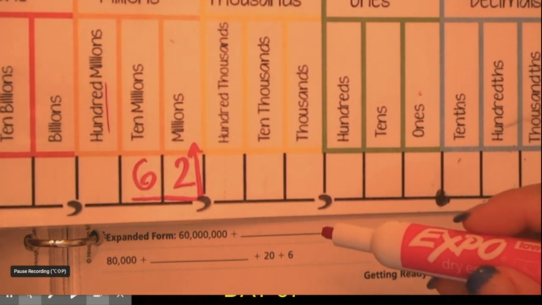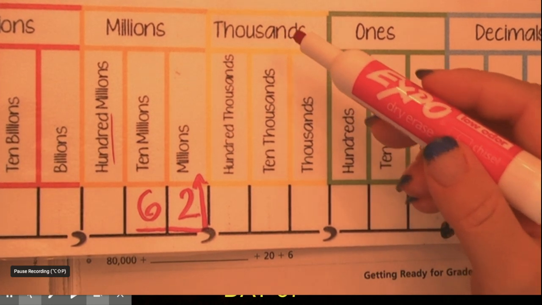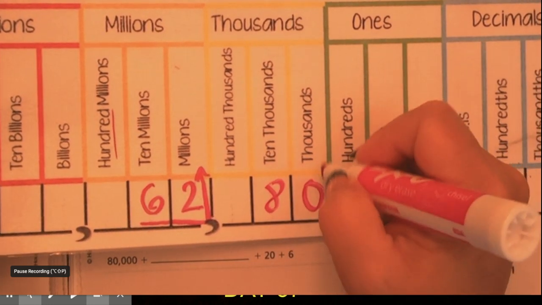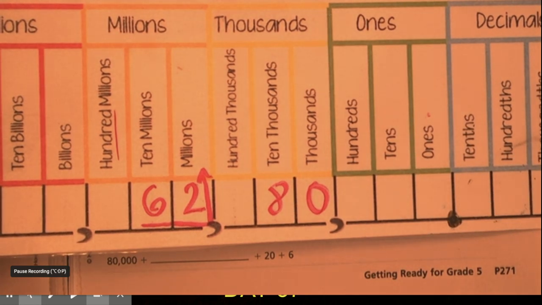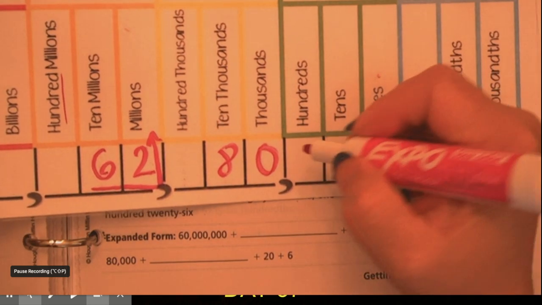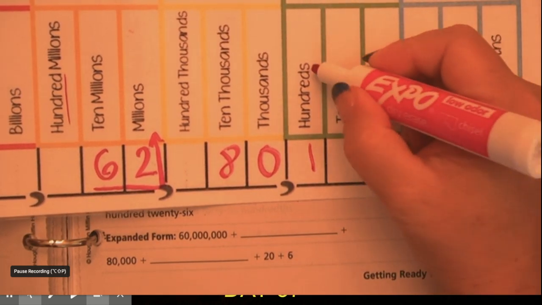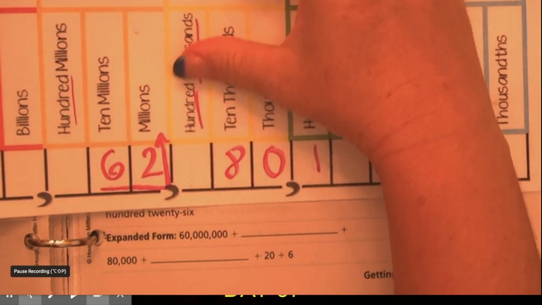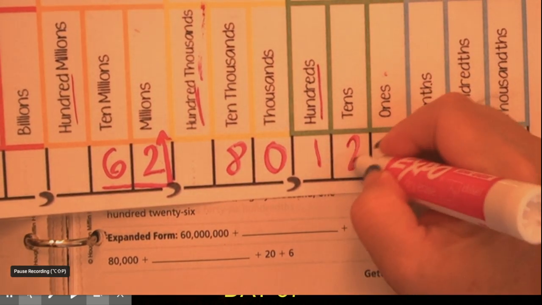80,000. So I'm going to go to the thousands household and I need 80. 80,000. And then I have 126. 100, you always say the word hundreds right there. 26.